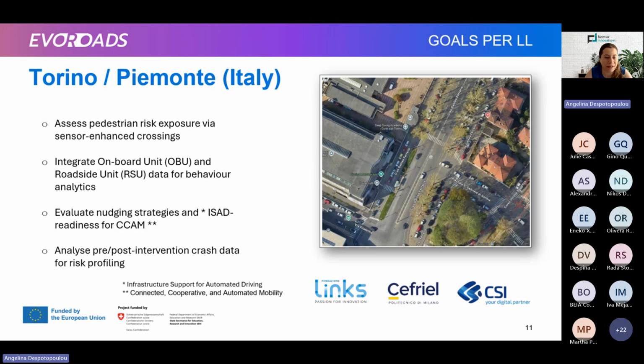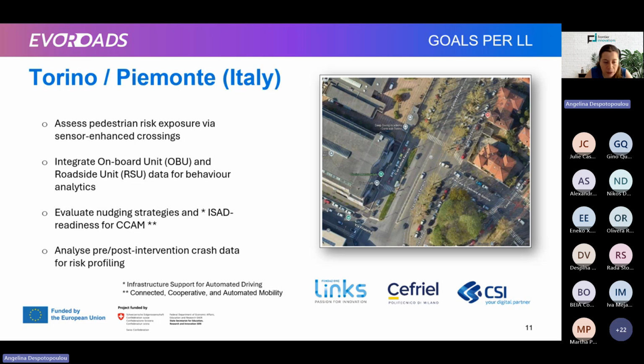Nudging strategies is exactly what I described before, trying to make people adopt a better behavior, and also evaluation of ISAD readiness. ISAD stands for infrastructure support for automated driving. More or less, it's a scale that says how safe a road is to be used by an automated vehicle or a semi-automated vehicle.